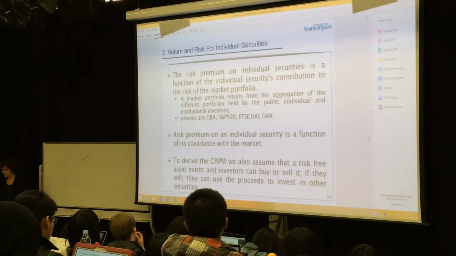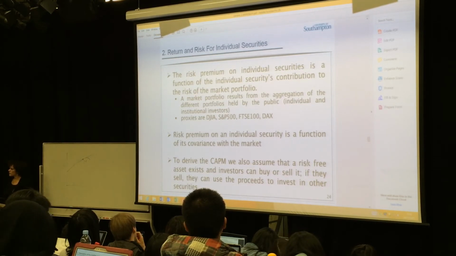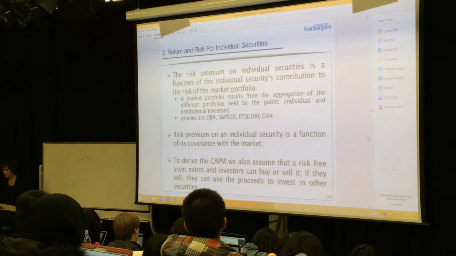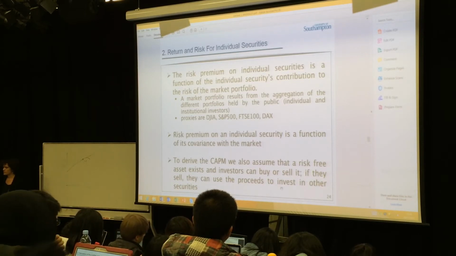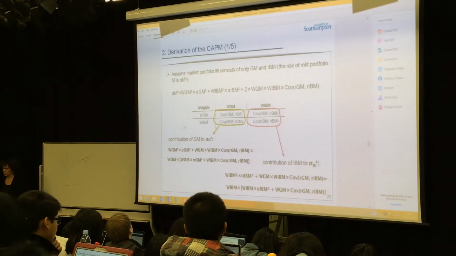First of all, we assume that a risk-free asset exists and the investor can buy or sell it. These are the assumptions of the model. They can use the proceeds to invest in other securities, and we'll see how it works.